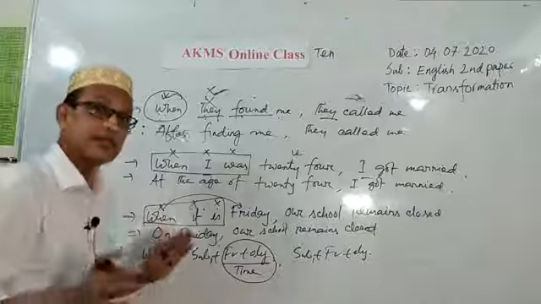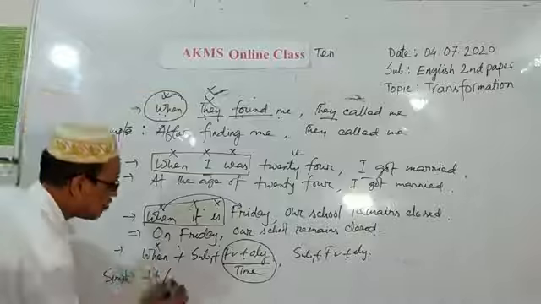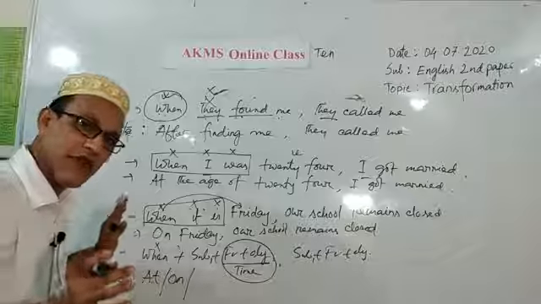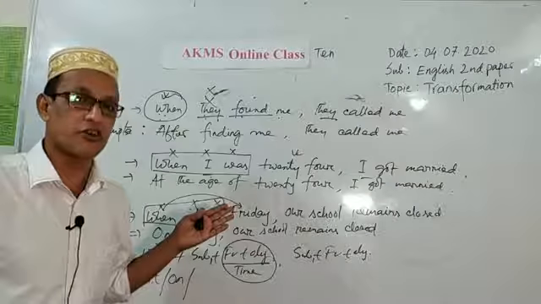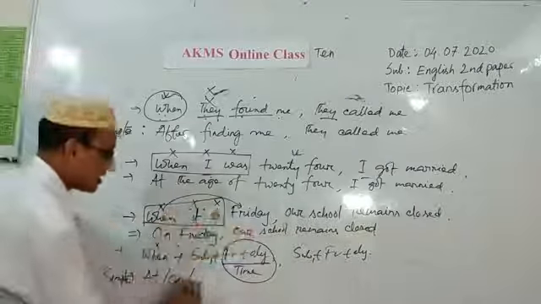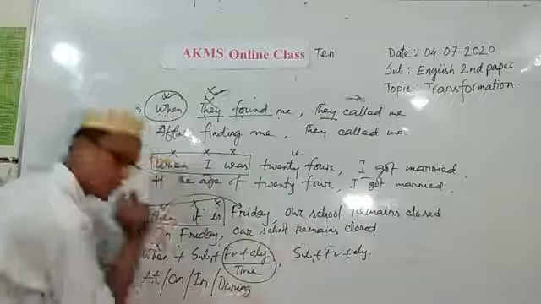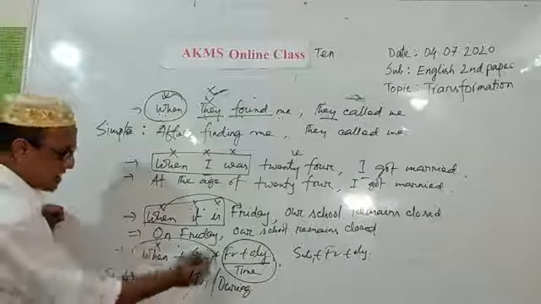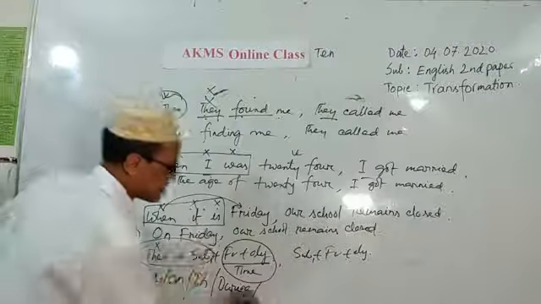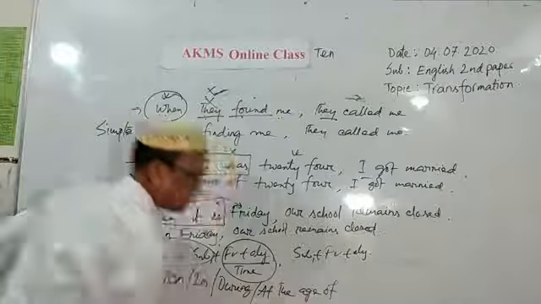Whenever you find the name of a day or date, then you will write "on." Whenever you find the name of a period of time, month or season or others, then you will use "in" or "during." If it indicates age, then you will write "at the age of."